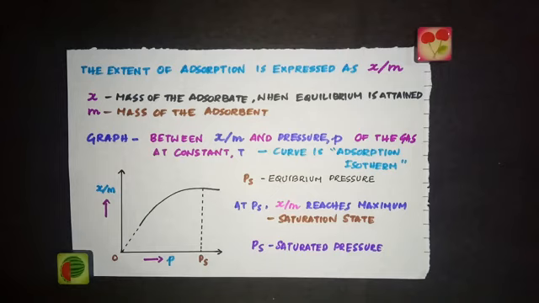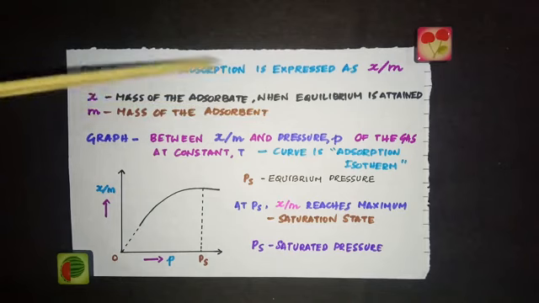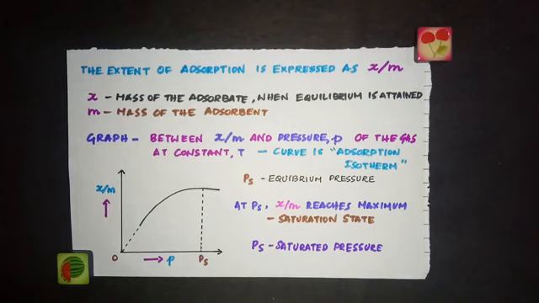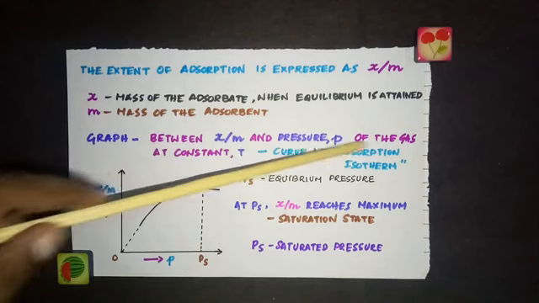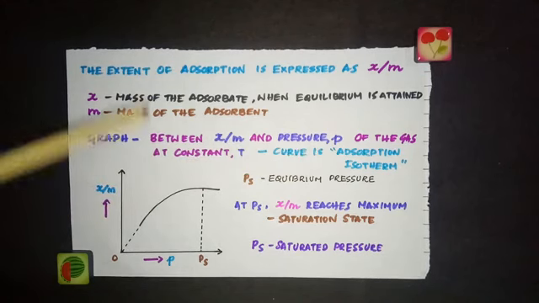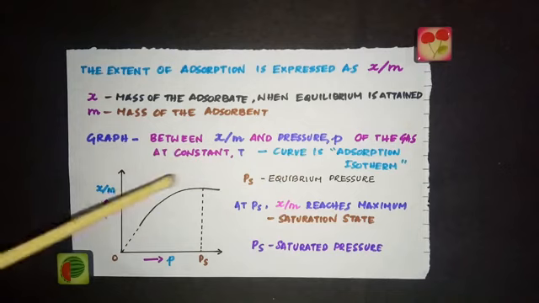So the gas is getting adsorbed on the solid and we are expressing the extent of adsorption as x by m. As I told you, if you plot a graph between x by m and the pressure P of the gas at constant temperature, then that curve is called as adsorption isotherm.